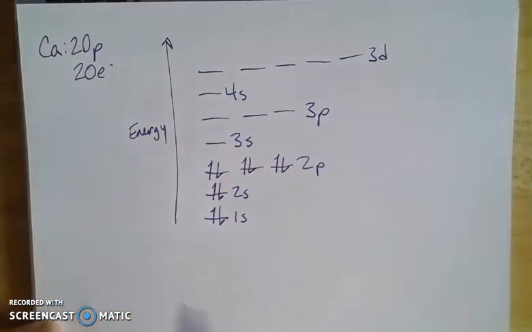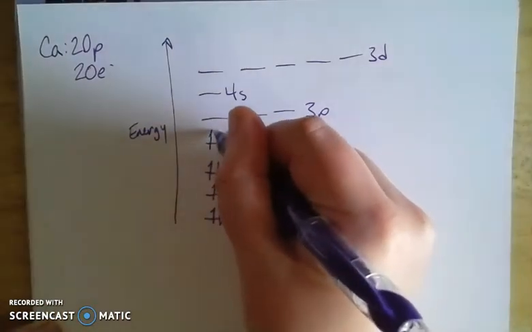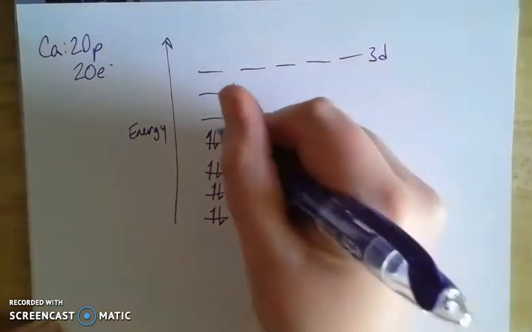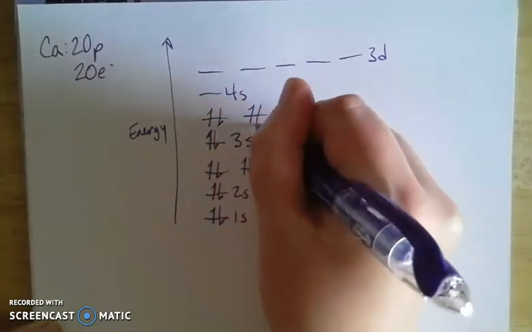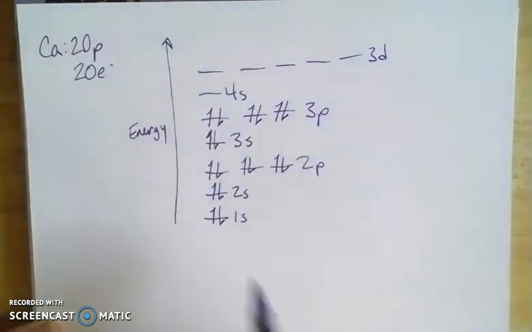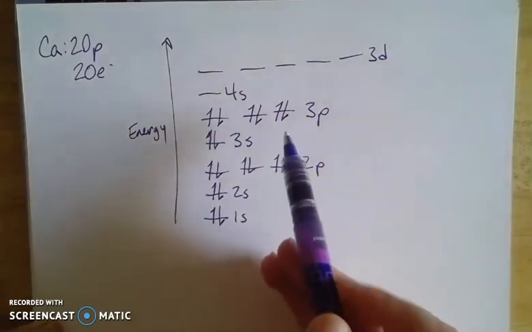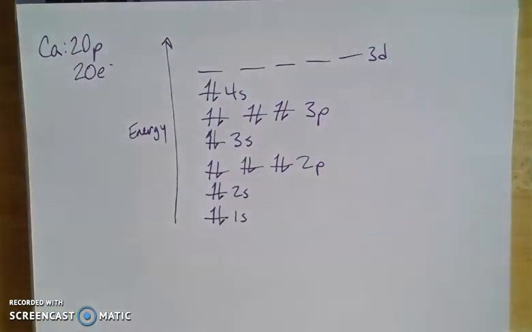So I've used half, so I need to account for the other 10 electrons. Here's 2 more, one spin up, one spin down. And then in my 3p, here's 6 more. So now I've accounted for 2, 4, 6, 8, 10, 12, 14, 16, 18. I need 2 more, which I can fit into my 4s here.